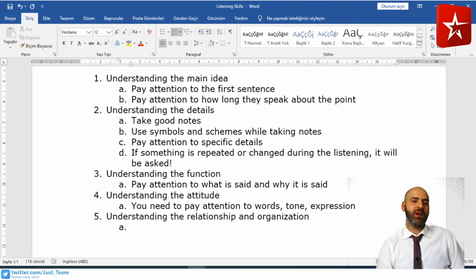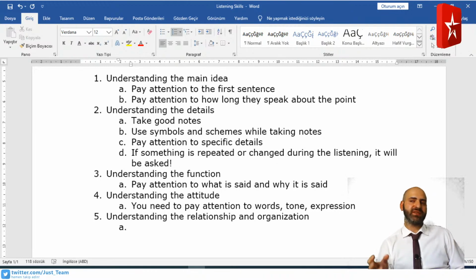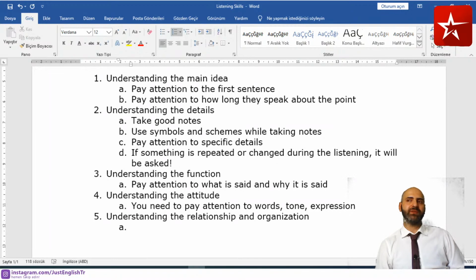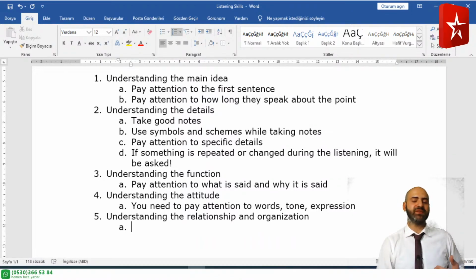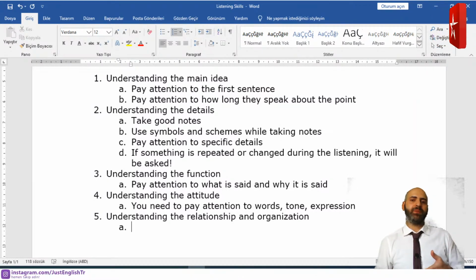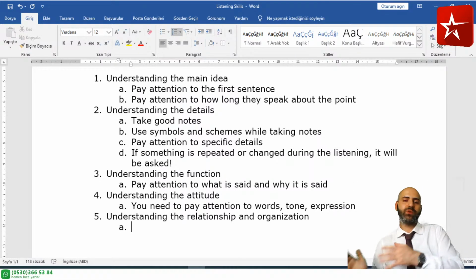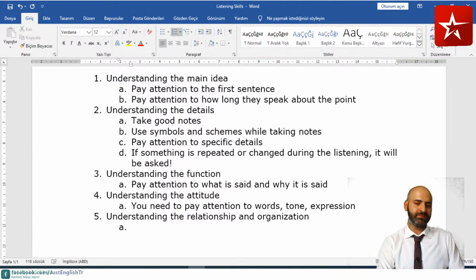I mean, for example, does the professor start with an example and then explain theory, or maybe the opposite, the professor gives students some theories and then provides examples about it. So you need to pay attention to the organization of the passage, how it is structured, what is first, what is second, and what is third.